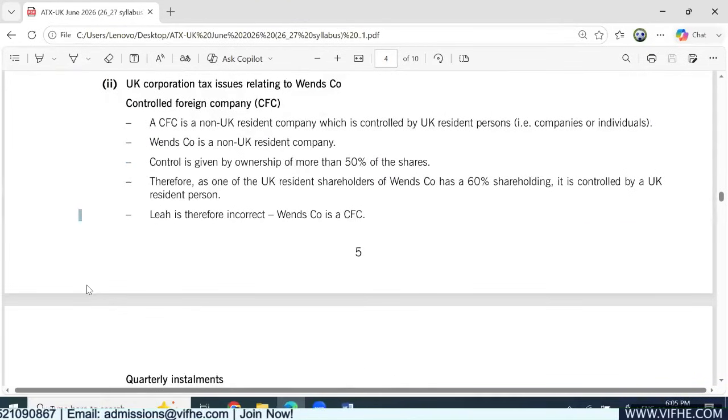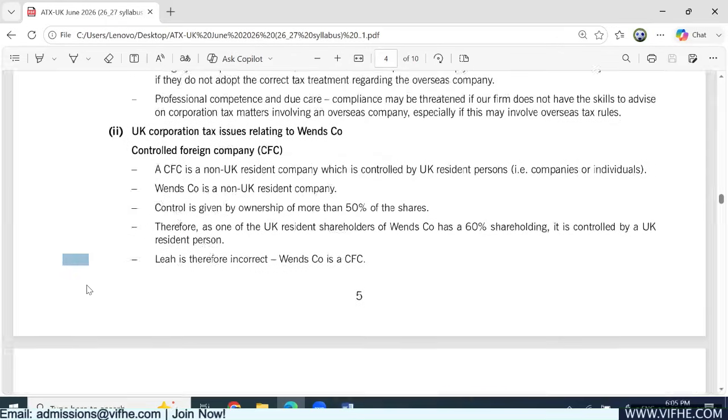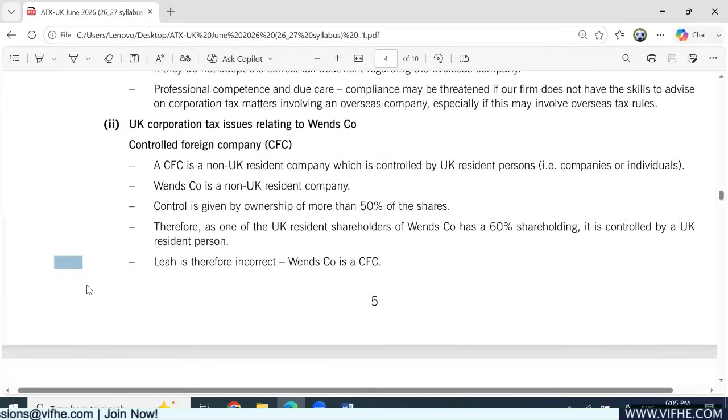So this is about why the statement of Lee is incorrect. Ventsco is definitely a controlled foreign company, but not from the perspective of Topo Limited, considering the individual who is UK resident is having control of more than 50% of shares in the company, which is definitely making this company a CFC. But I did not drag this information into whether there is going to be any CFC charge or whether we are going to get any exemption, because this is not the thing being asked over here, right?